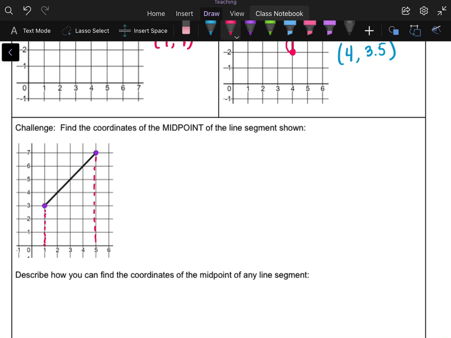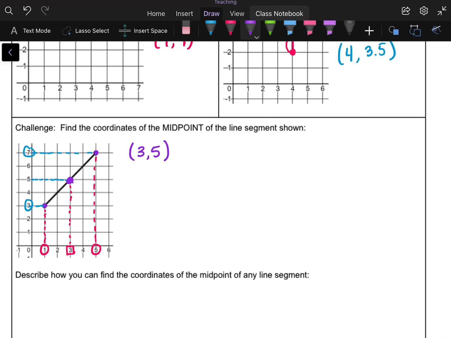So finding halfway between my x's, I'm going from 1 to 5. Halfway between that is going to be 3. So that puts me right here for 3. Let's take a look at our y. So we go from 3 to 7. Halfway between that is going to be 5. So my midpoint is going to be here at 3, 5.